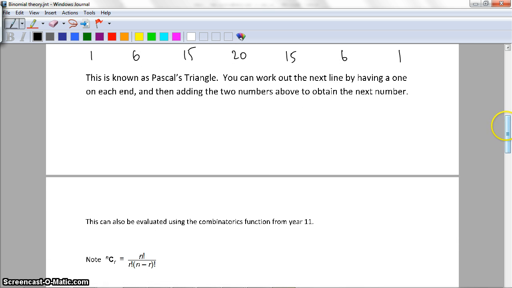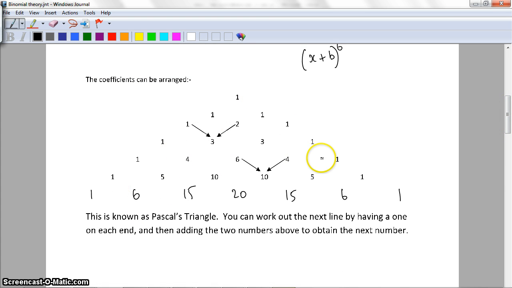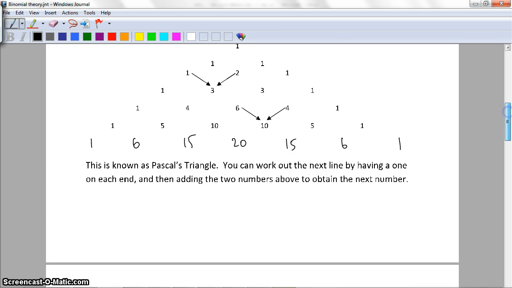The other way that you can calculate all of these numbers is by using a little counting method. I guess this is where you saw this in probability in year 11. The idea is, we can use the formula nCr to work out each of these terms along here.